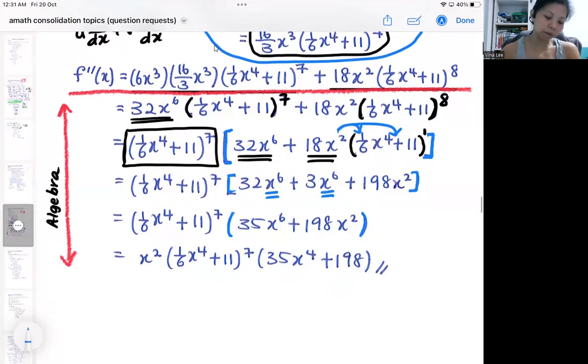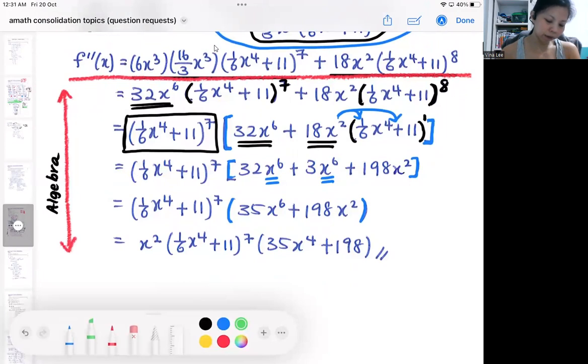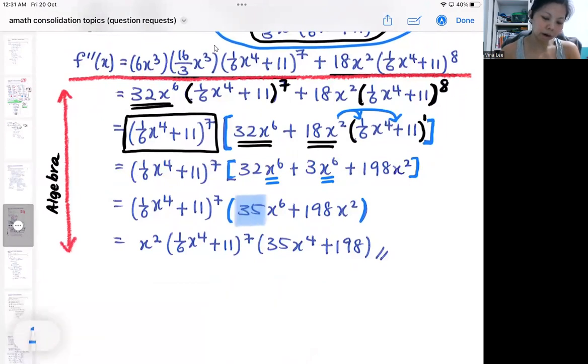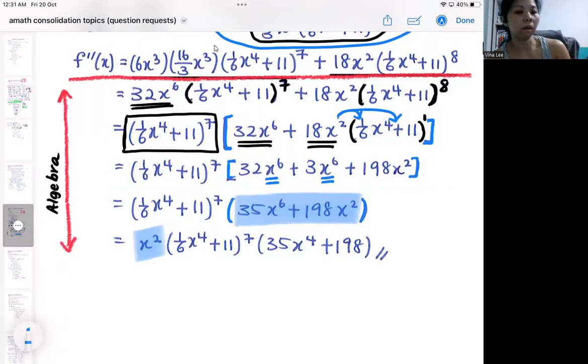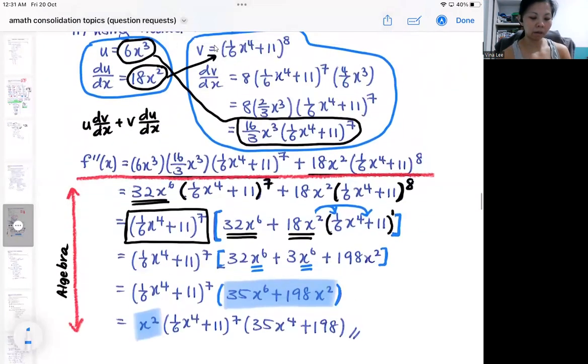After this level of simplification, you check this bracket. Is there any common factor? You realize that there's an x^2 as a common factor. So you take out x^2 from whatever you simplified. And notice that after I took out the first level of common factor, I didn't touch the common factor anymore. My focus is what is being left behind. So it's a very simple case of taking out common factors.